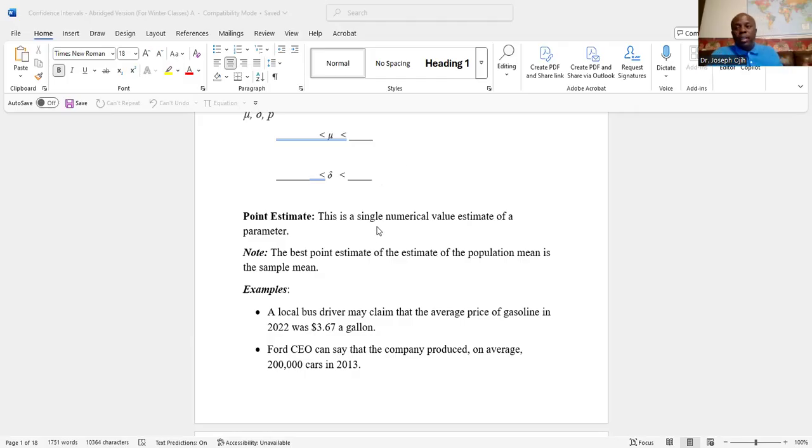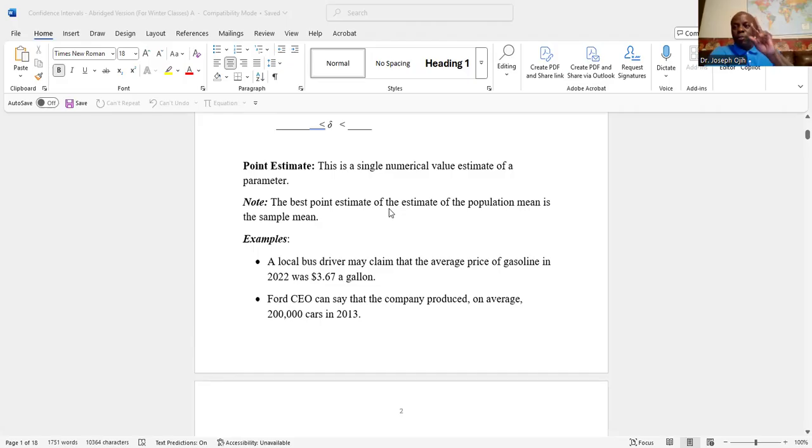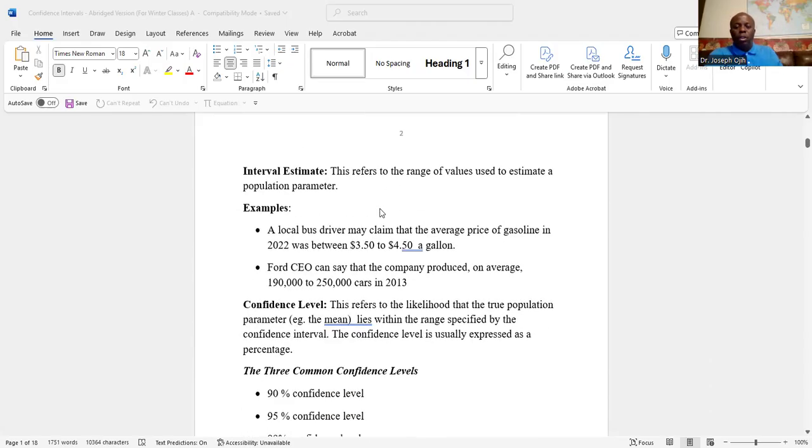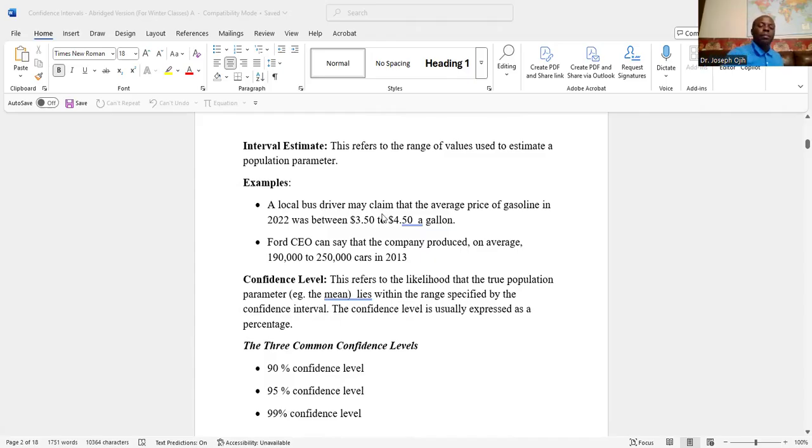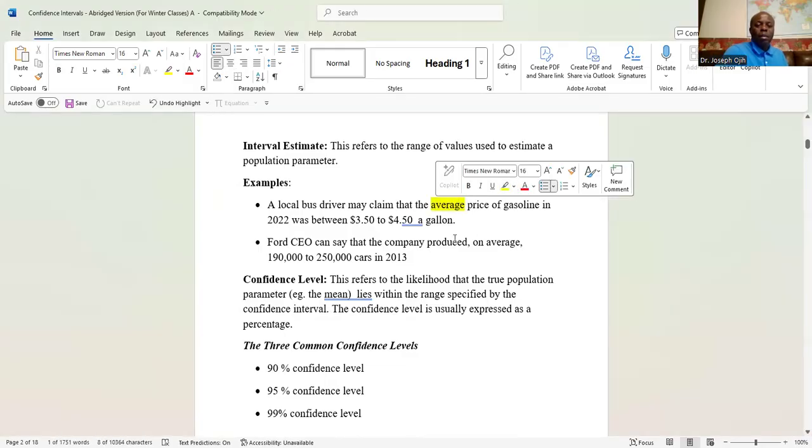So that's not what we are interested in here. In a confidence interval, we're looking for two numbers: the lower number, then the upper number. For example, the same local bus driver can say that the average price of gasoline, remember the parameter here is the mean, in 2022 is between $3.50 and $4.50 a gallon.